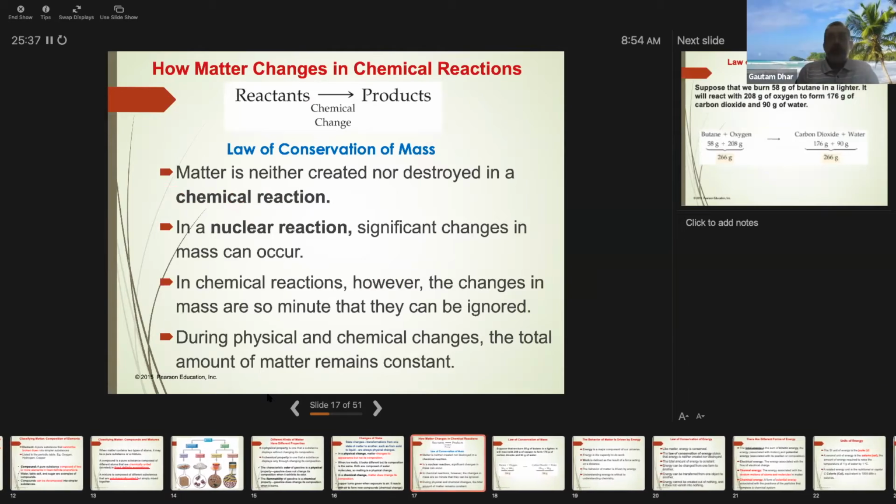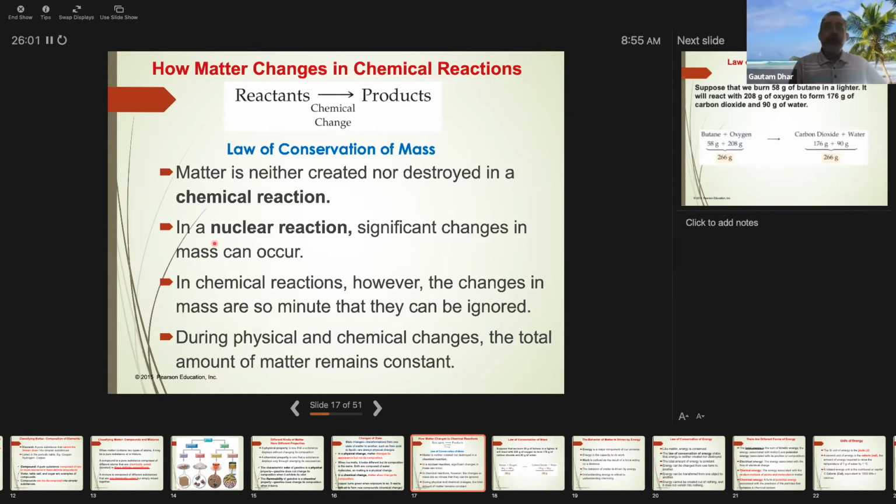Now, how matter changes in chemical reactions. When you do a chemical reaction, you have the reactants that are reacting and eventually giving you a product.